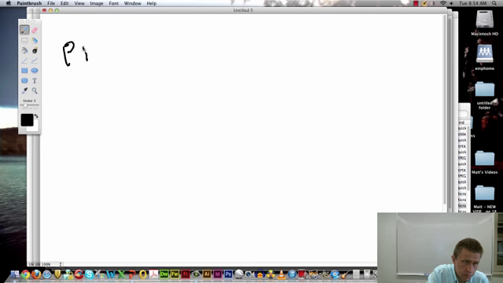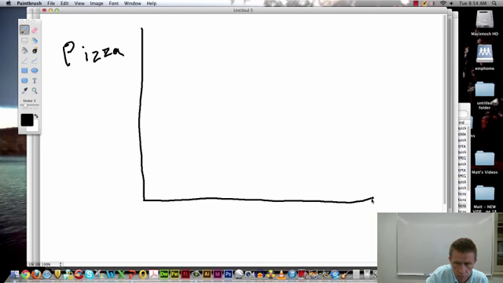Okay, we're going to put pizza on the x-axis here with beer on the y-axis. One of the first things we need to do on any graph is label the axes and make sure we get the coordinates right. We go from 0 to 5 pizzas.